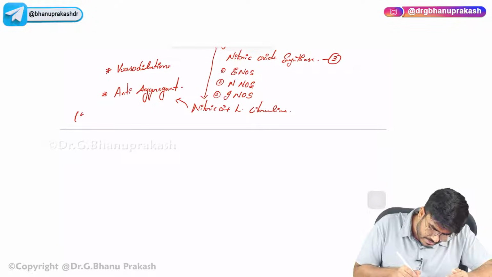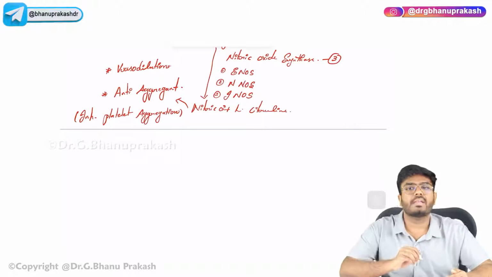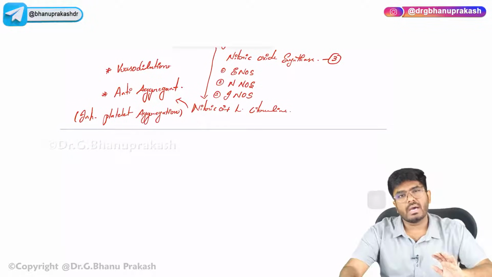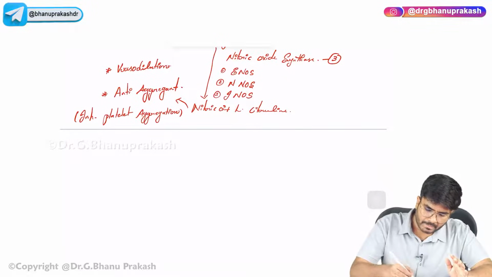Anti-aggregant means it inhibits platelet aggregation. Completed.